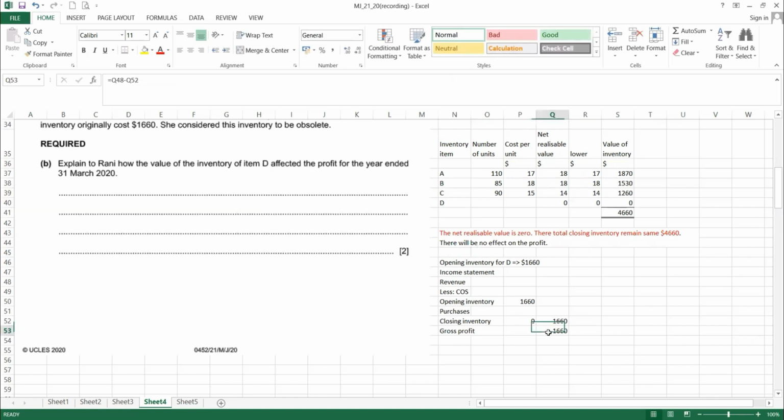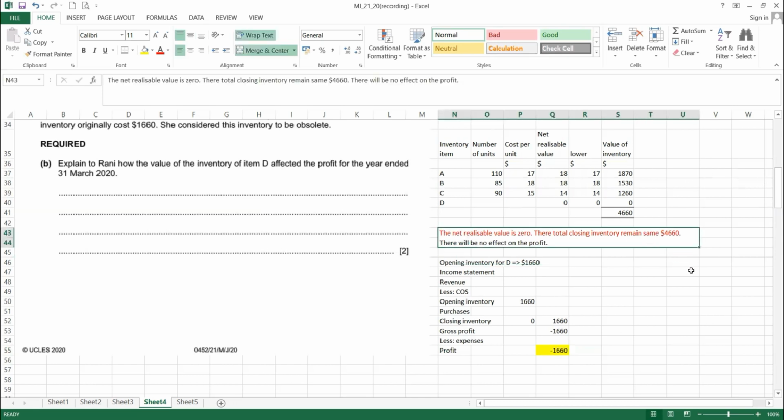But come to the profit. The question is saying the profit. So let's assume that this one is less expenses, and then profit. If we see the equation here, by right, this amount caused the decrease on the profit. So the last sentence, where they say that there will be no effect on the profit, I don't really agree.